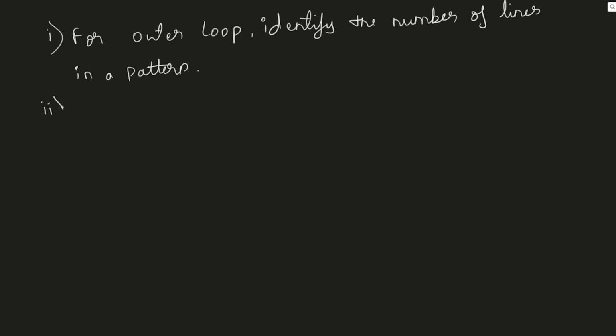The second point: we have completed the outer loop. Now we need to think of the inner loop. For the inner loop, we need to focus on the columns and connect them to the outer loop. You will understand this point whenever we start solving patterns.